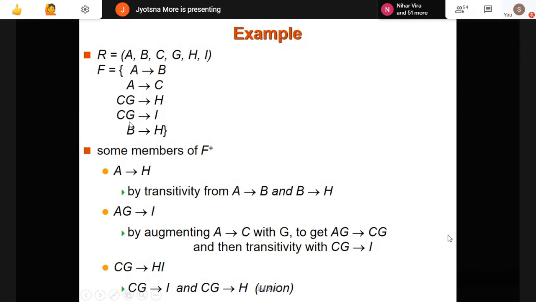This side is CG and CG, same, so CG and H and I combined together, CG determines HI. These are the three new functional dependencies which I can add over here. If you want, you can also add AG determines H. That is not wrong. So four dependencies you can add to the closure of F.